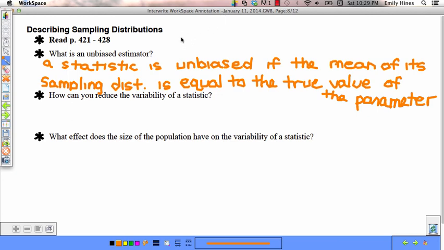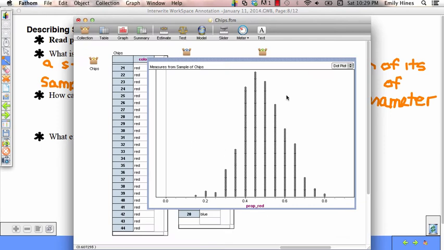But ones that are unbiased are like x bar. x bar is an unbiased estimator of the mean. And p hat is an unbiased estimator of p, which means that if I had the true sampling distribution, the mean of that sampling distribution, so in this case, if this were a true sampling distribution, the mean of all of these p hats would be 0.5 because that is my proportion in my population.